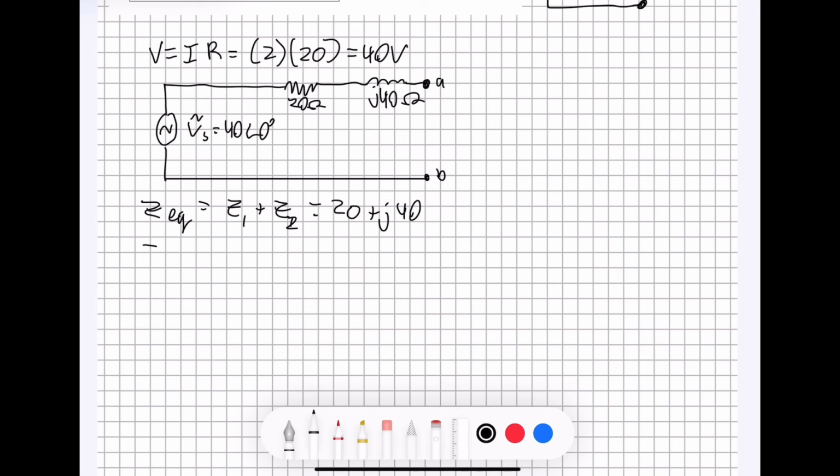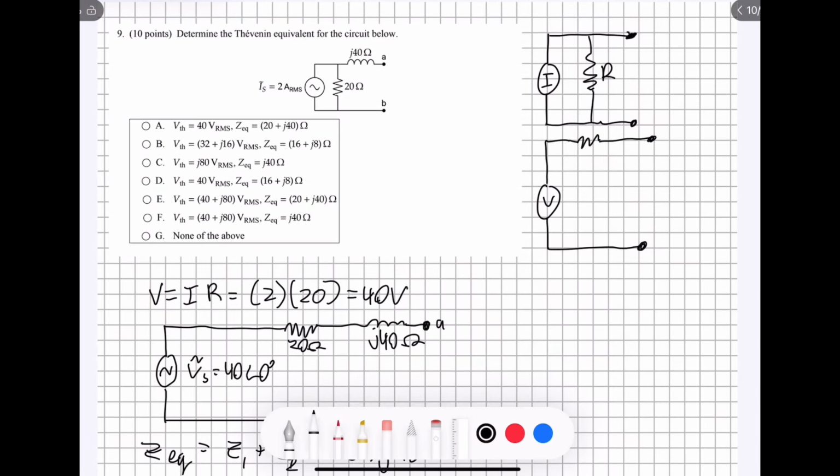So the equivalent impedance is 20 plus J40 ohms. Given this and our voltage, which we already found, we now know that the correct answer for this problem is going to be A, right there.